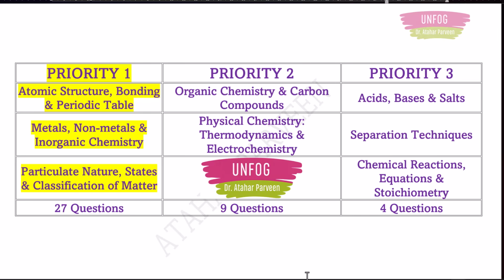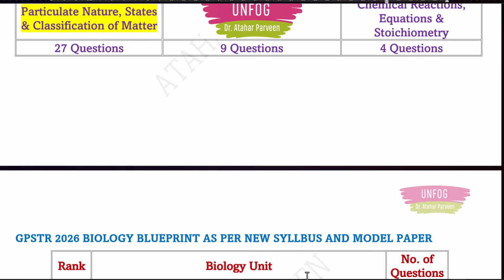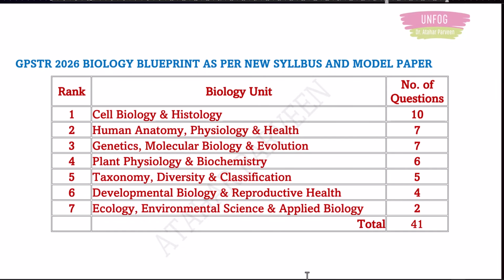Let me first show you the biology blueprint which we have made after analysis of model question papers and the GPSTR 2026 new syllabus. So as per our blueprint, the first priority, with 10 questions, is the chapter cell biology and histology.